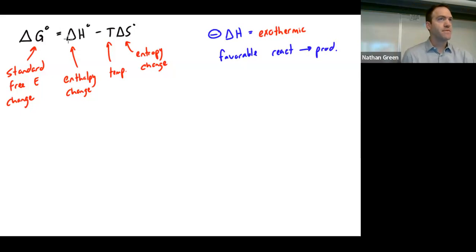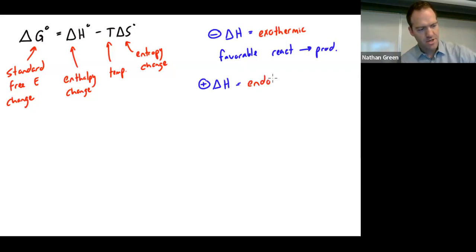The opposite is true if I have a positive delta H. That would be an endothermic reaction. That would not be favorable for turning reactants into products.